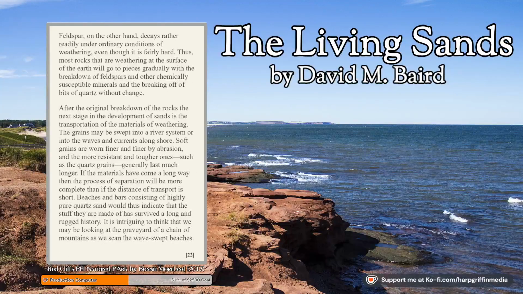Feldspar, on the other hand, decays rather readily under ordinary conditions of weathering, even though it is fairly hard. Thus, most rocks that are weathering at the surface of the earth will go to pieces gradually with the breakdown of feldspars and other chemically susceptible minerals, and the breaking off of bits of quartz without change.